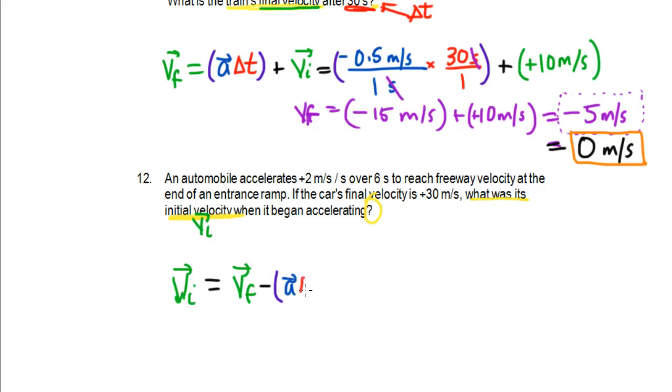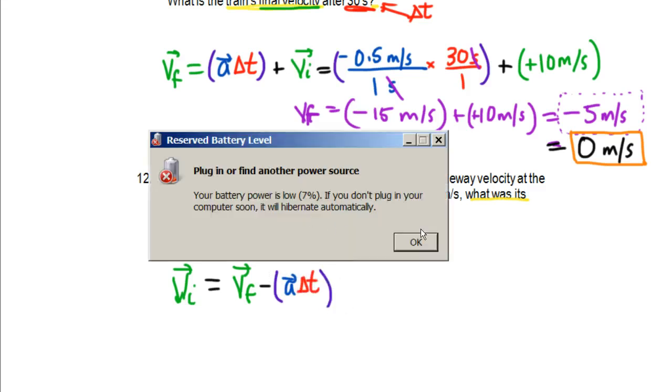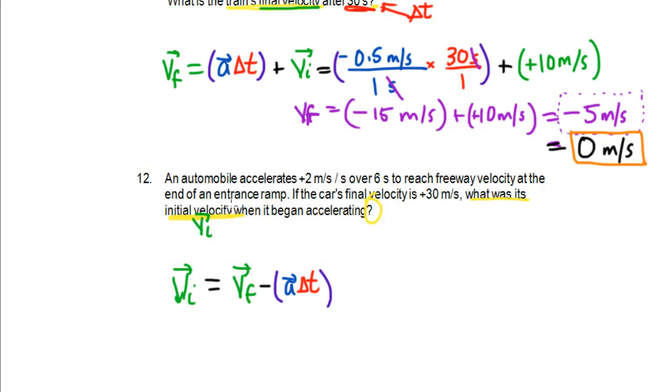So v sub i equals v sub f minus a times delta t. Now we've got to see what's given. An automobile accelerates at plus 2 meters per second per second. This is my a. Over 6 seconds, that's going to be my delta t.